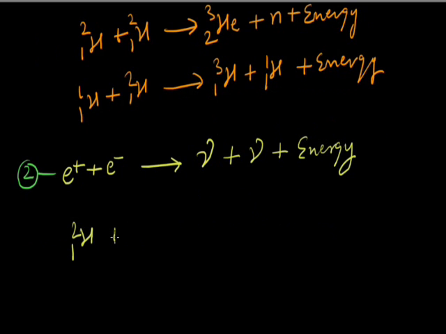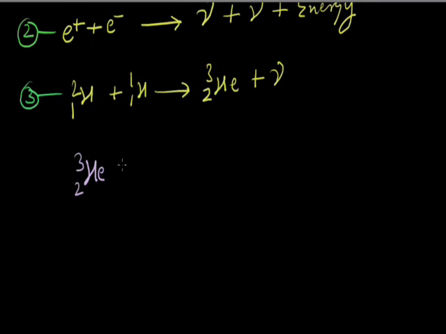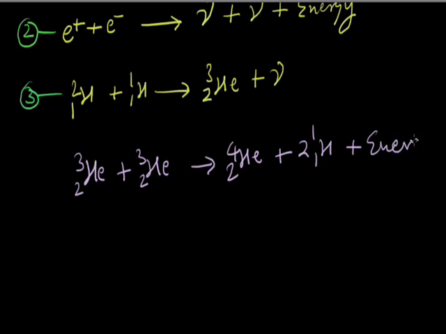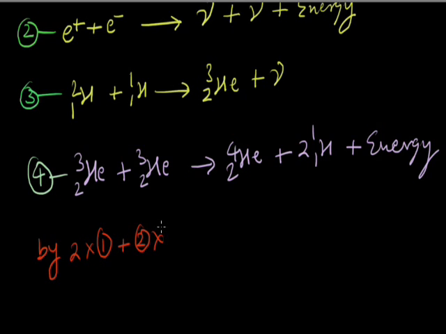A proton and neutron converting into helium and gamma rays, equation 3. 2He3, two nuclei are converting themselves into 2He4 plus 2 protons plus energy, equation 4.